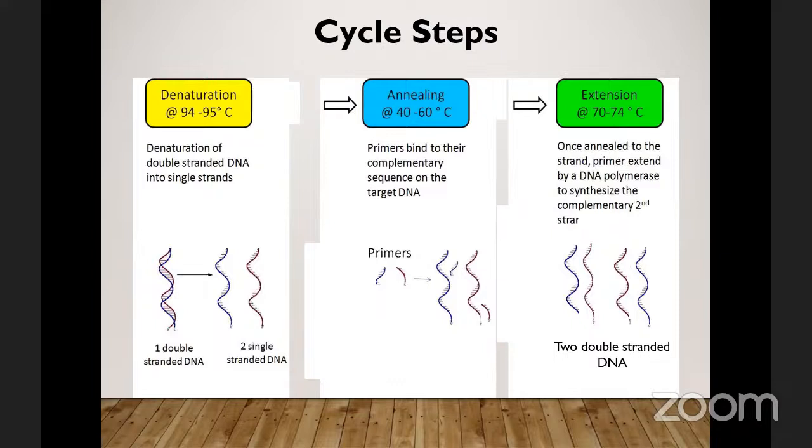Some will tell you between 62 to 72 degrees Celsius. It depends on the reagent you are using, and on the target that you are actually looking out for. So here, primers bind to their complementary sequence on the target DNA.